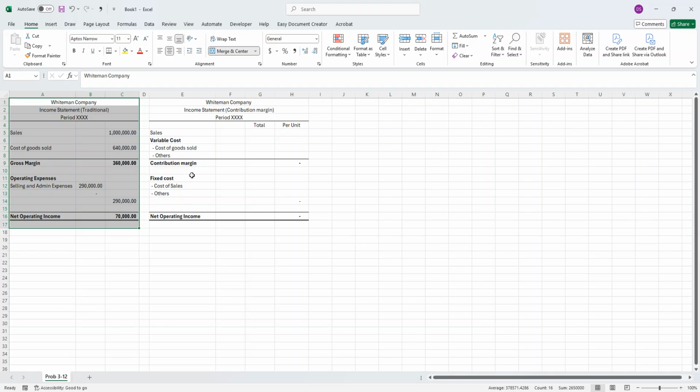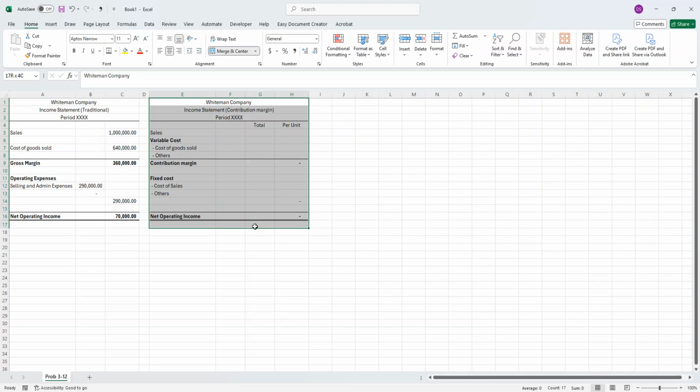Okay, so the next part is that we are required to prepare an income statement. This particular income statement, the contribution margin format, is not mandatory. What management does is prepare this financial statement just for internal reporting purposes to understand the company's contribution margin, and that contribution margin is contributing towards covering your fixed costs.